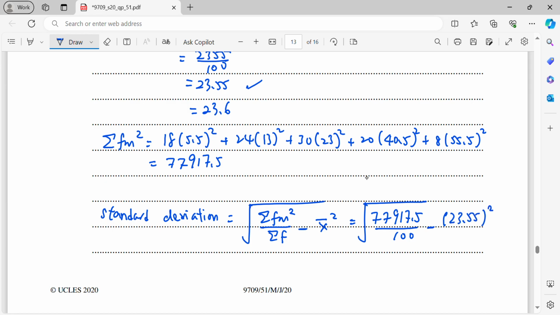Then you square it and you will be getting the answer of 14.9857. And now I round to 3 significant figures. So looking at the fourth significant figure, since this value is greater than 5, you round up the 9. So 14.9 becomes 15.0. So that's the standard deviation.